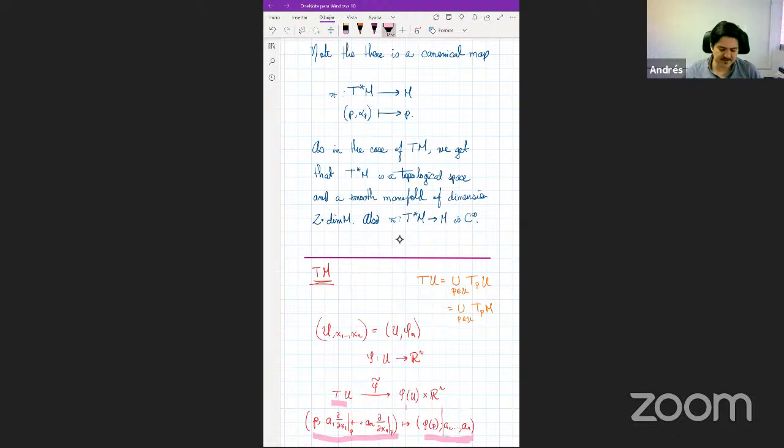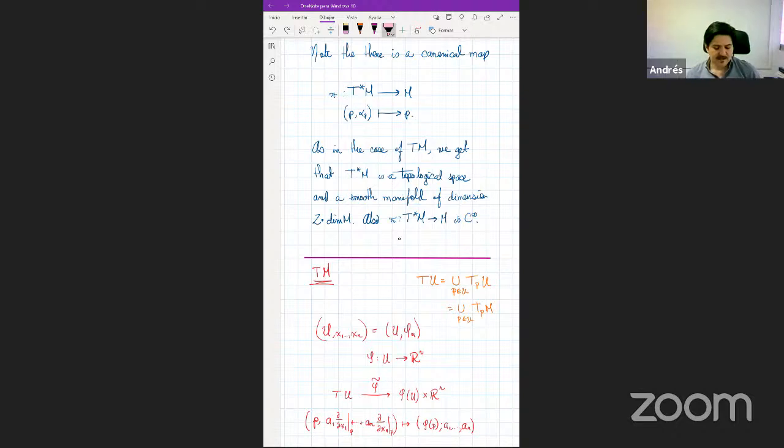I only consider the coefficient of the vectors. And that's how we define the charts on TM. So the collection of charts are of this type, where U is a chart on M. Okay? So this is a review of how we define the smooth structure on TM.